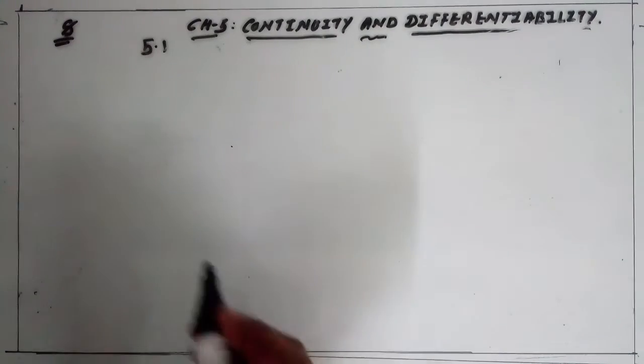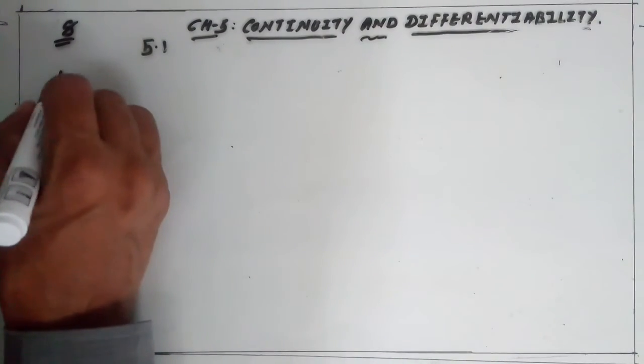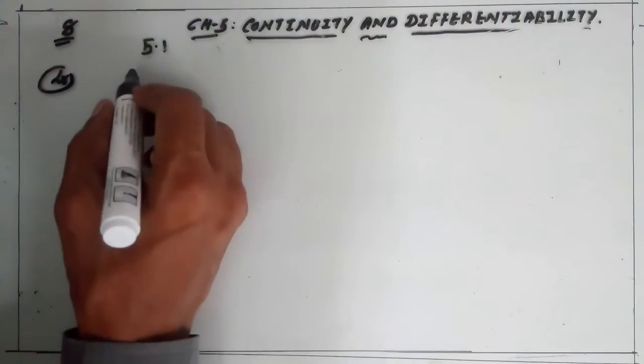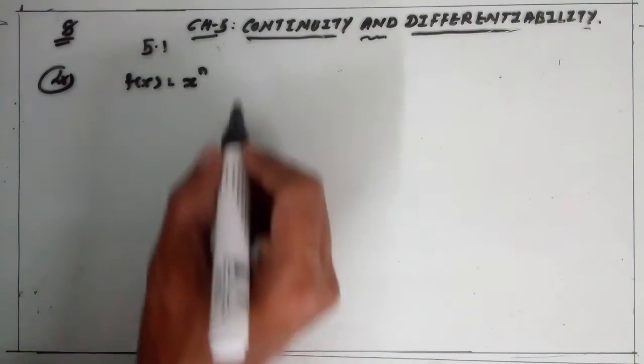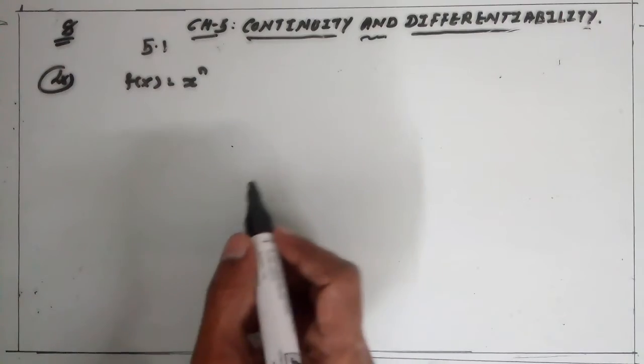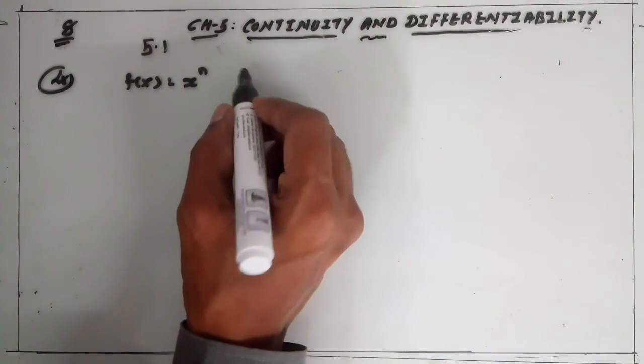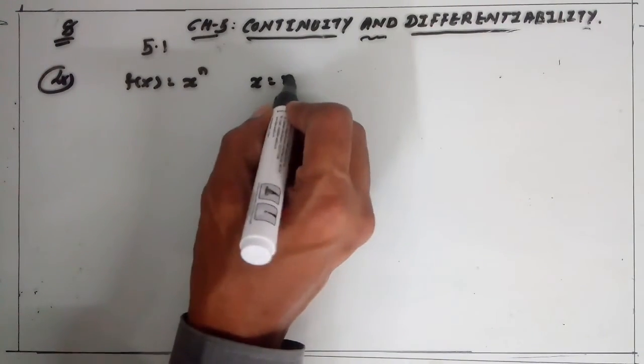Now question number 4. f(x) is equal to x raised to n. Prove that it is continuous at x is equal to n.